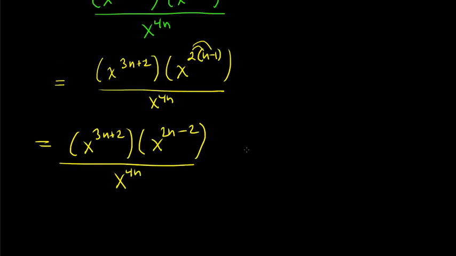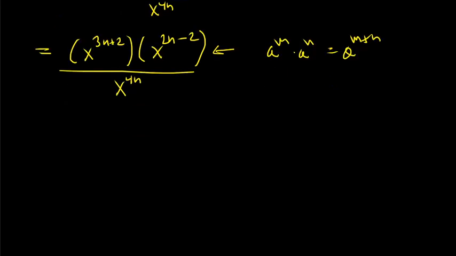All right, so for the numerator here, again, we're just going to add the exponents, right? That's the usual product rule for exponents, right? So what do we have? We have x to the power 3n plus 2 plus 2n minus 2.